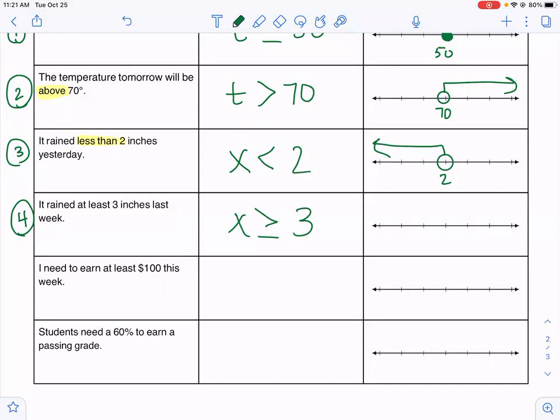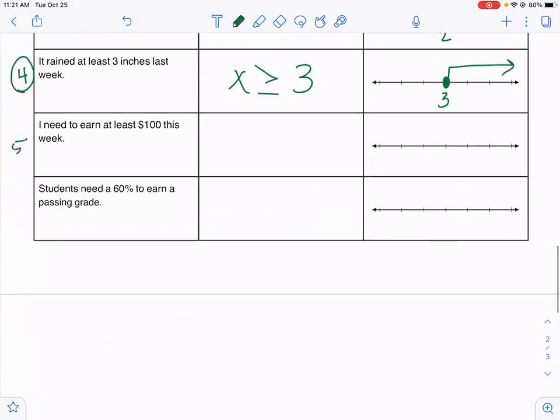Okay, so Corin, you kind of just had an aha moment. Why is there the equality there? At least 3, so it's saying, hey, it can include 3. That's the least it can be. It has to be 3 or more. Okay. So at the 3, we have a closed circle and we're going to shade the numbers above. Do 5 and 6 with your partner.